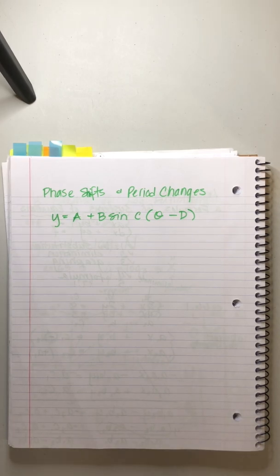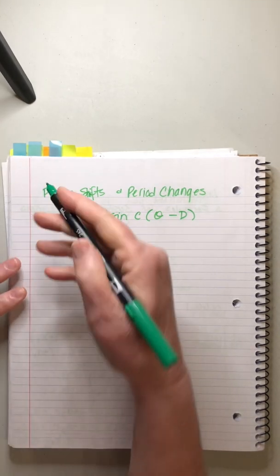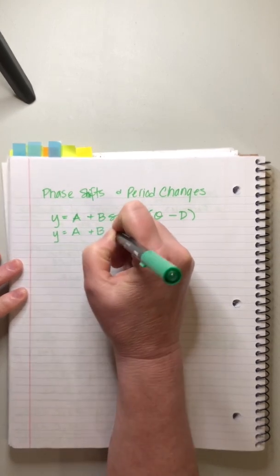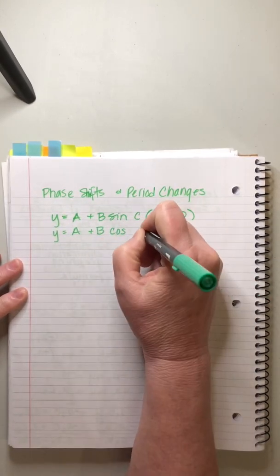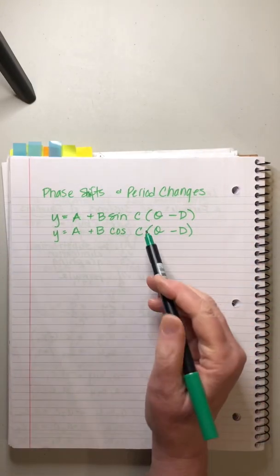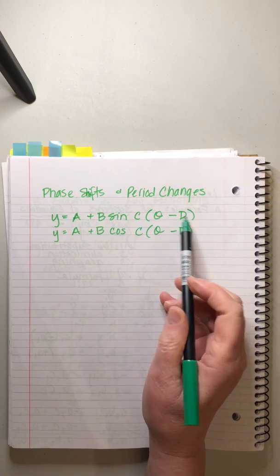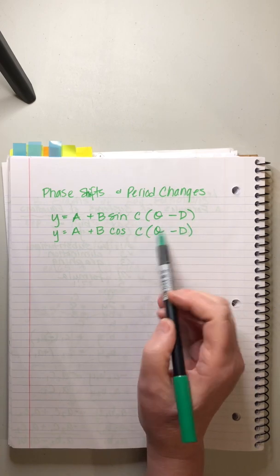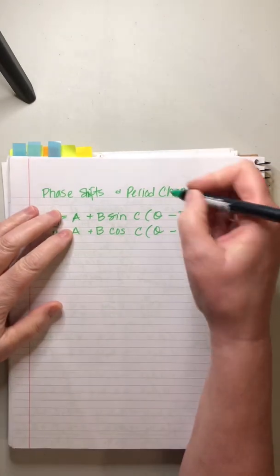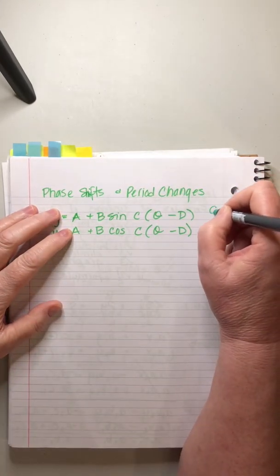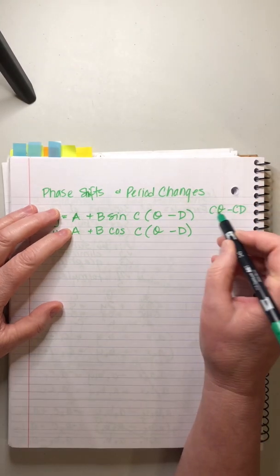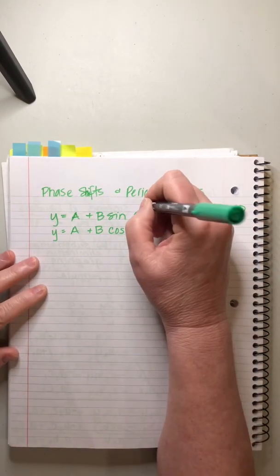All right. And this very same format is used for cosine as well. We always want to use what's called the factored form of the argument. We could see it like this, c times theta minus, those two could be multiplied. We always want to factor it here.